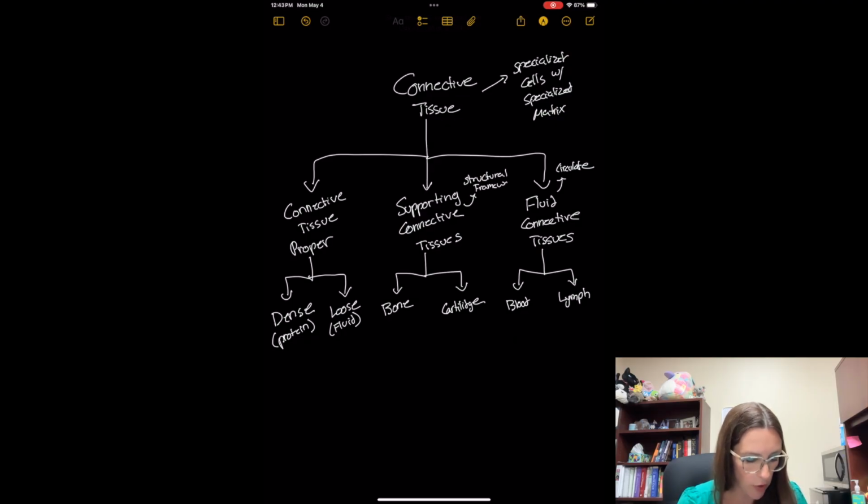And then for connective tissue proper, think what is holding my organs together. We can talk more about the other tissues as we go through. So what's holding the tissues together are connective tissue proper. The structural framework is the supporting connective tissues, and then the ones that circulate are going to be our fluid connective tissues.